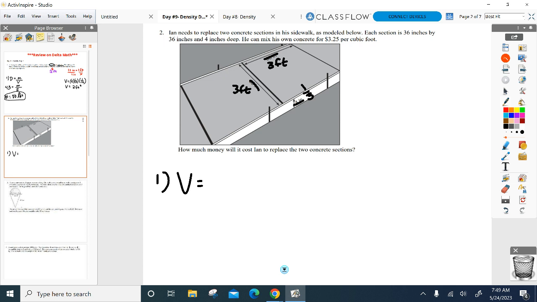Don't leave a repeating decimal, leave it as a fraction: 1/3 of a foot. Next up, it is per cubic foot. So that's how I know I'm going to do the volume of this concrete section per cubic foot. So 3 times 3 times 1/3 for my volume.